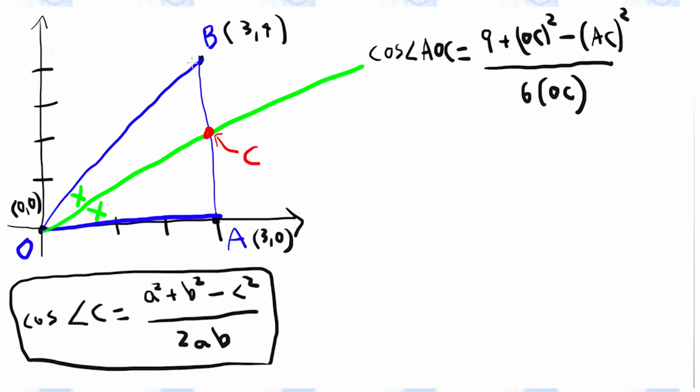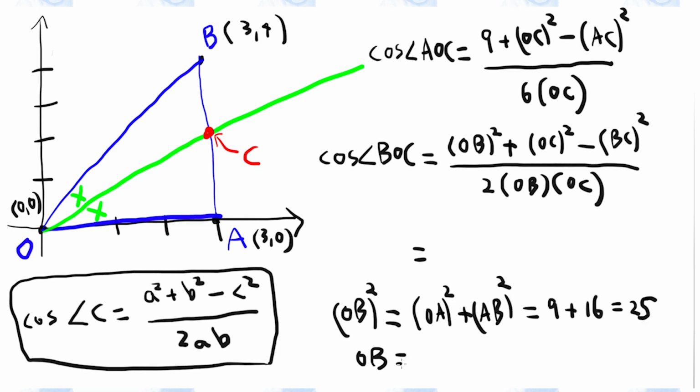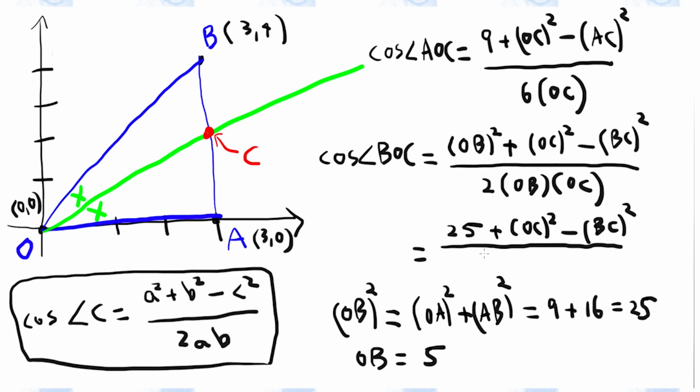And next, let's consider the angle BOC. Now, what is the length of OB? We can calculate it using the Pythagorean theorem. OB is 5. 2 times 5 is 10.